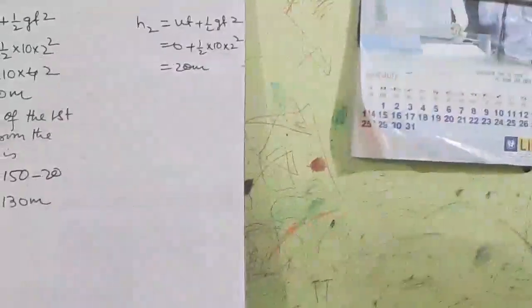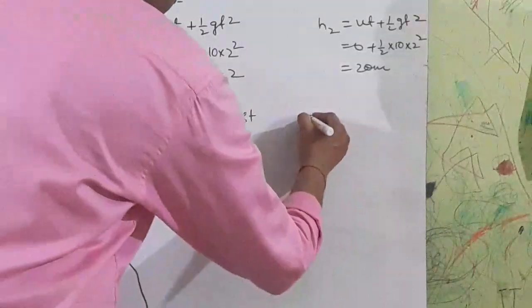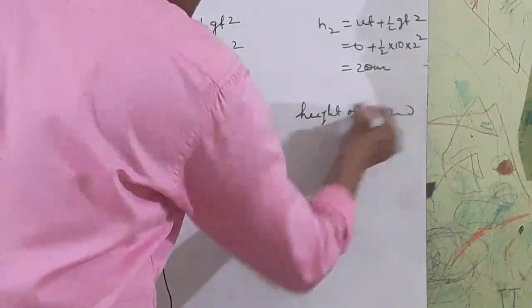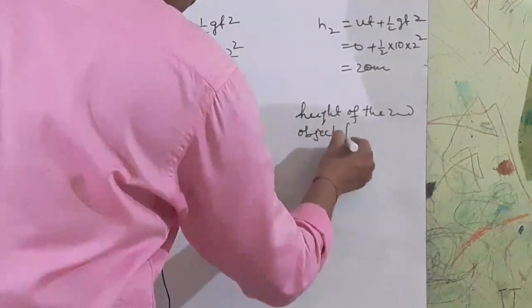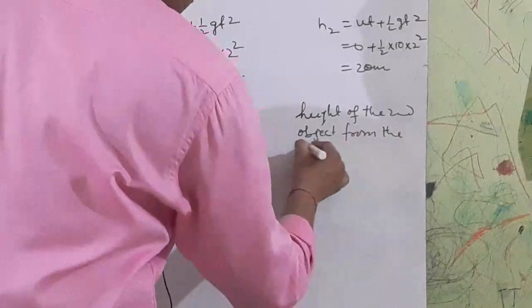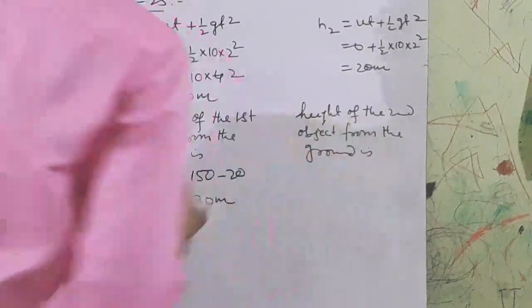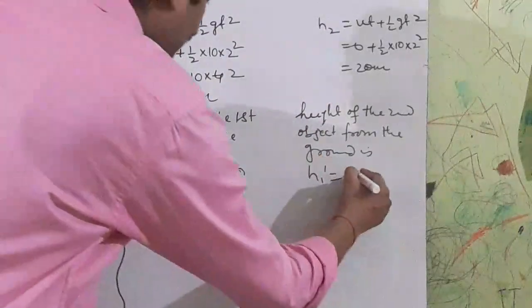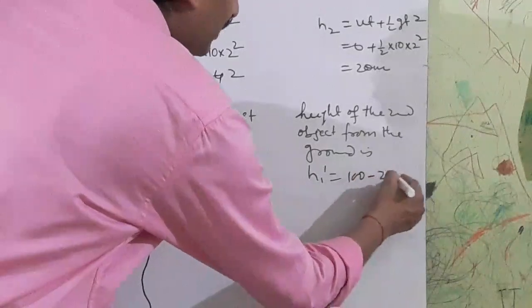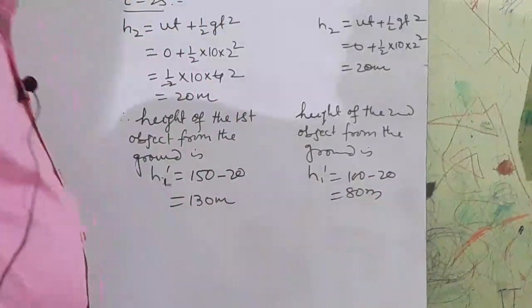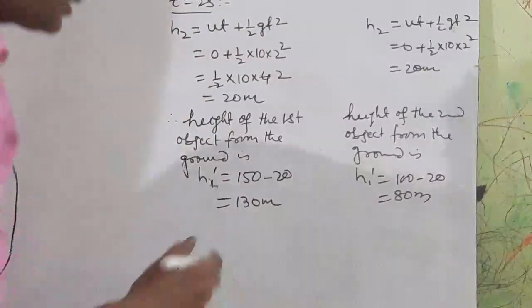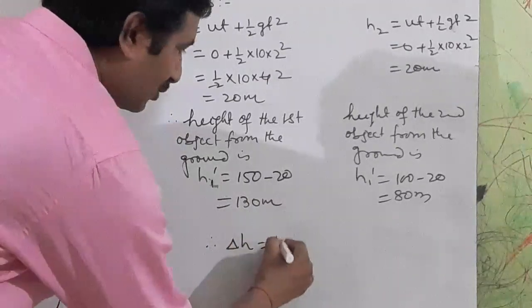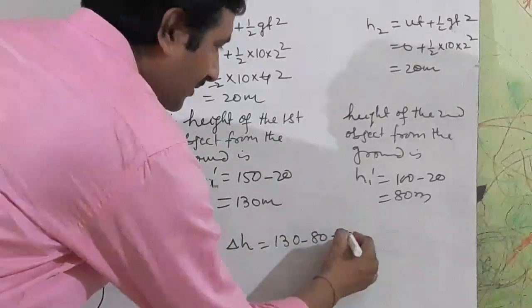In the same way, the height of the second object from the ground is h2 dash. This is equal to 100 minus 20, that is 80 meter. So what is the difference in the two heights now? Therefore, the difference in the two heights, delta h, is equal to 130 minus 80, that is 50 meter.